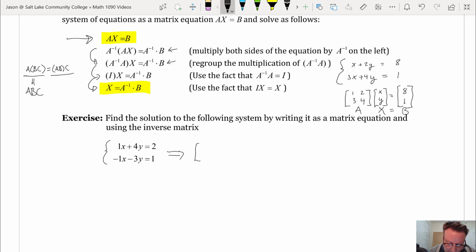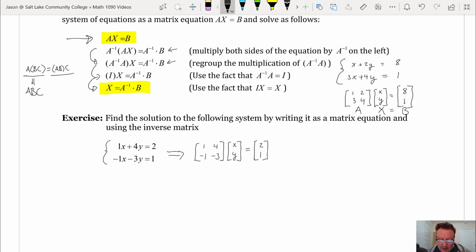The coefficients of our variables are 1, 4, -1, and -3. We multiply that by a column vector of the unknowns, and this will be equal to a column vector containing the constants on the right-hand side, 2 and 1.